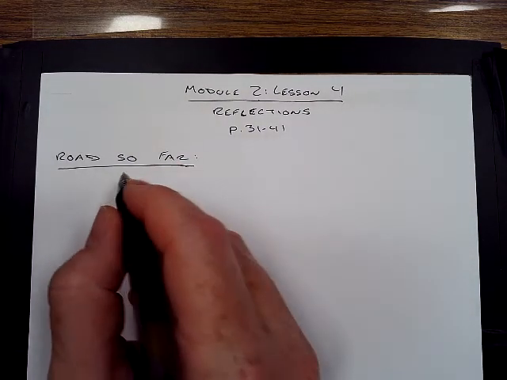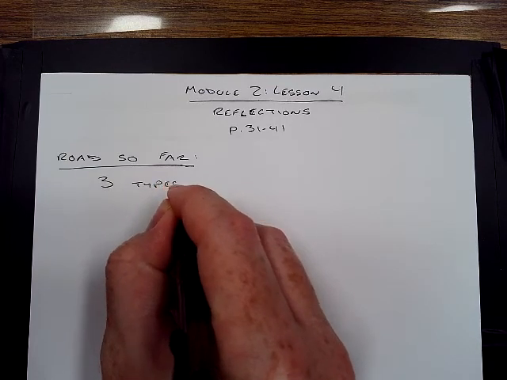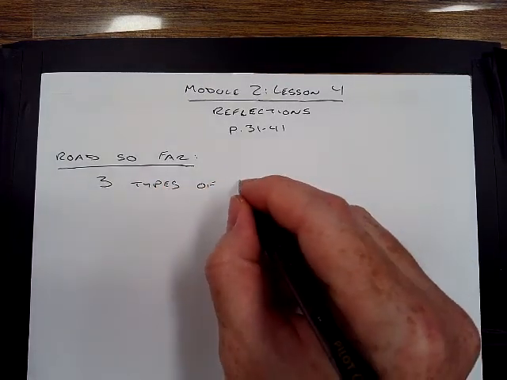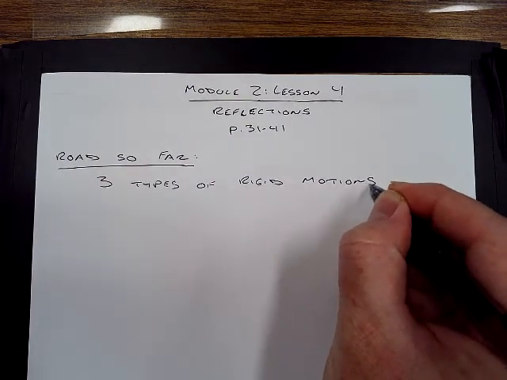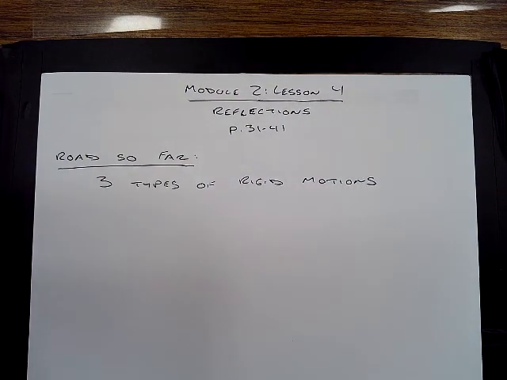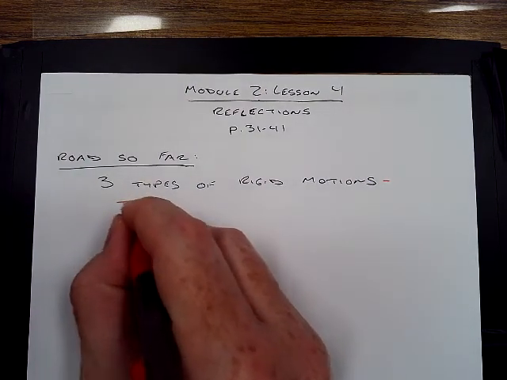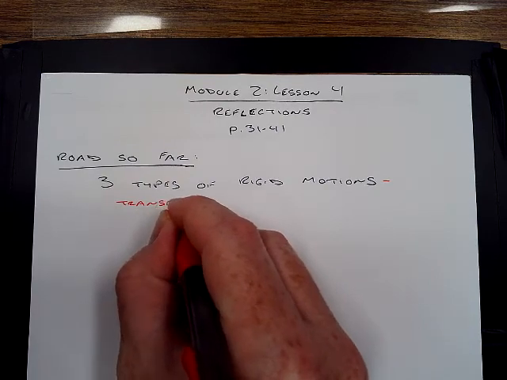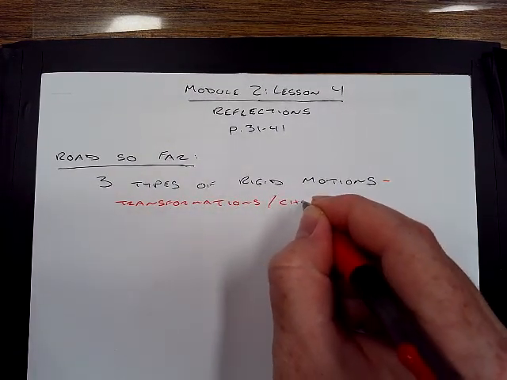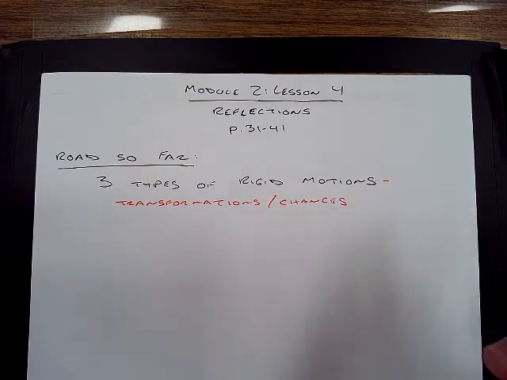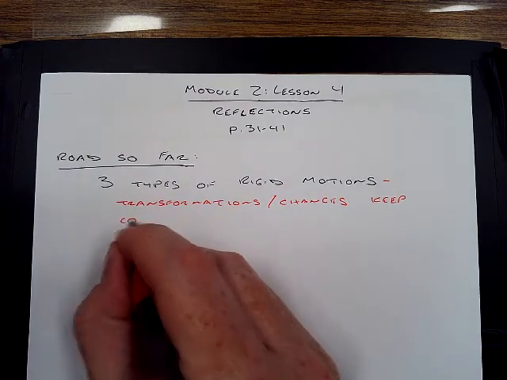So far in Module 2, we have talked about three types of rigid motions. Remember, rigid motions are transformations, or also changes in a figure that keep congruence.